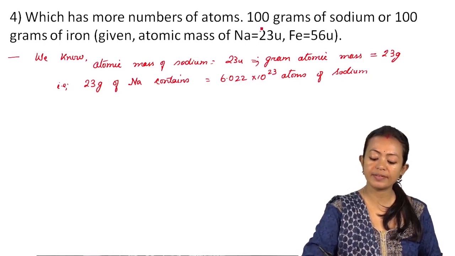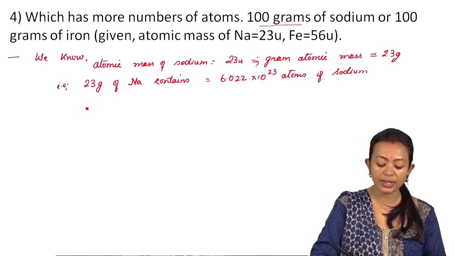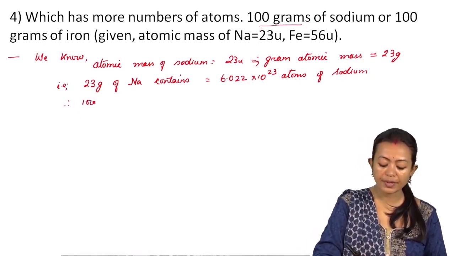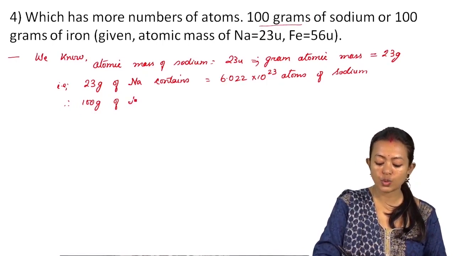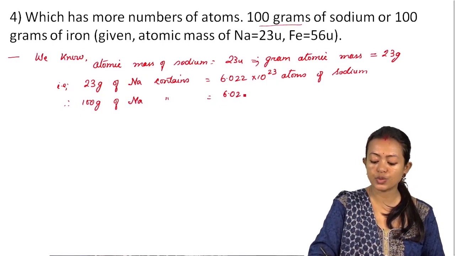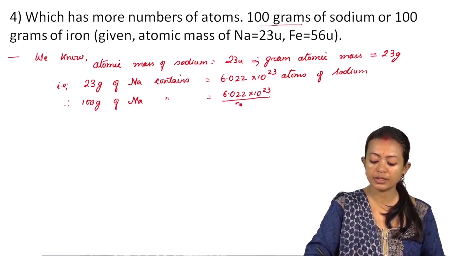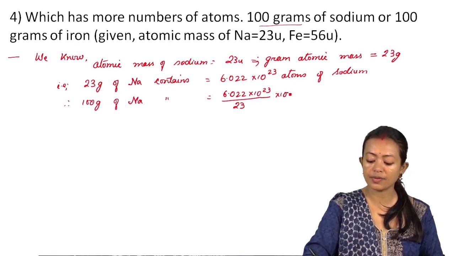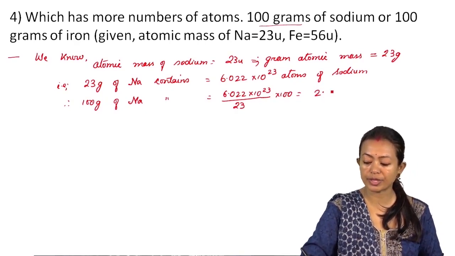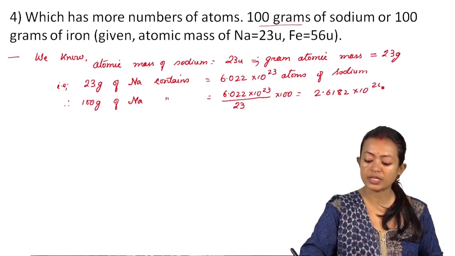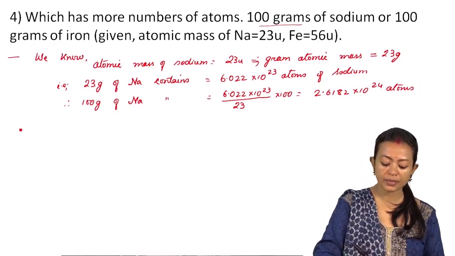Now here they have given that 100 grams of sodium will contain how much? So therefore 100 gram of sodium will contain 6.022 into 10 to the power 23 divided by 23 into 100, which is equal to 2.6182 into 10 to the power 24 atoms of sodium.